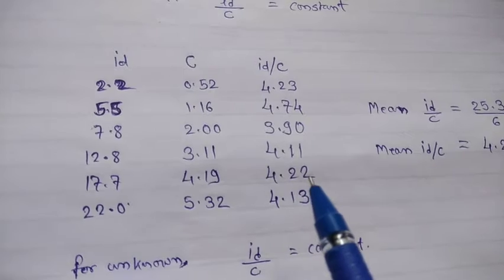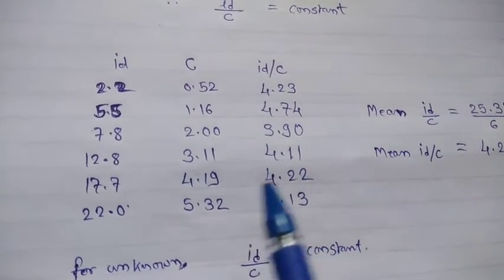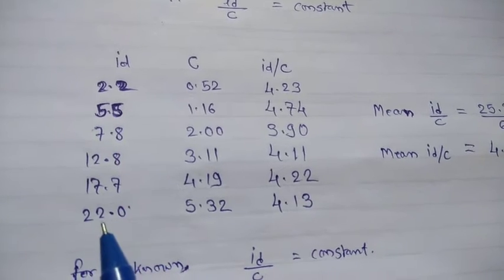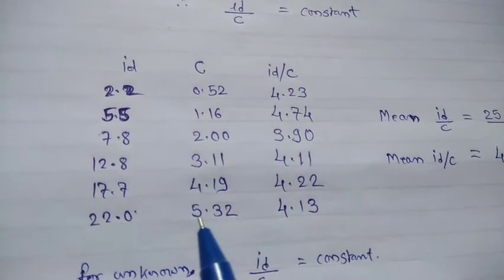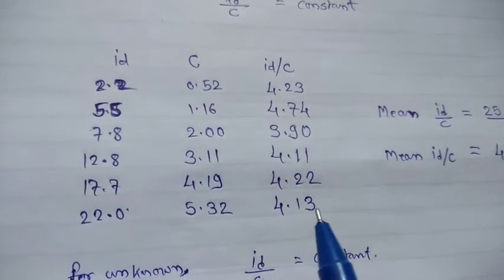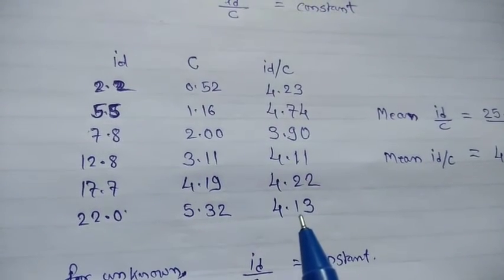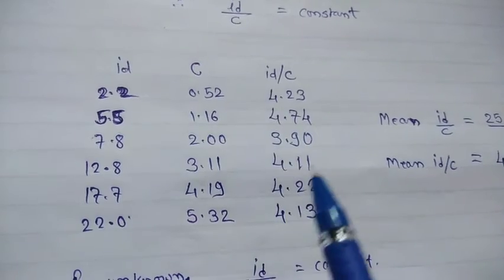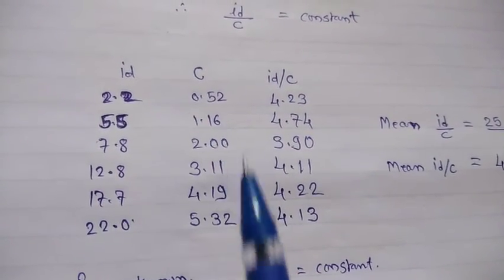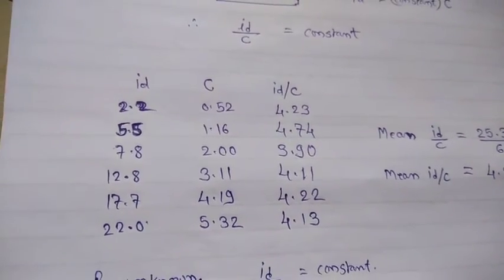Next, 4.22 for this combination. Finally, for id 22 microampere and concentration 5.32, the ratio is found to be 4.13. So all these values are the ratios of id and the concentration.